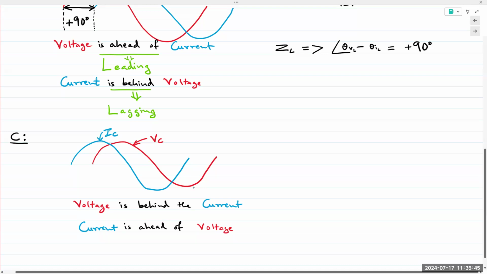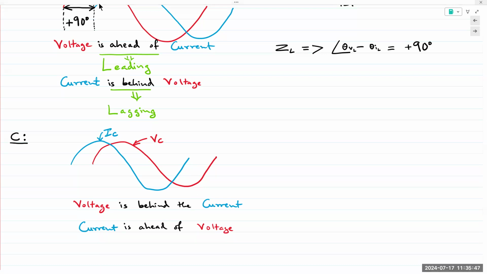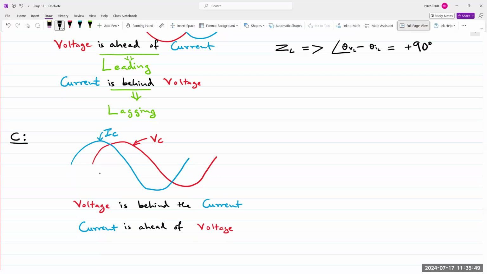Current is ahead of the voltage. And again, in both cases, the difference is 90 degrees.